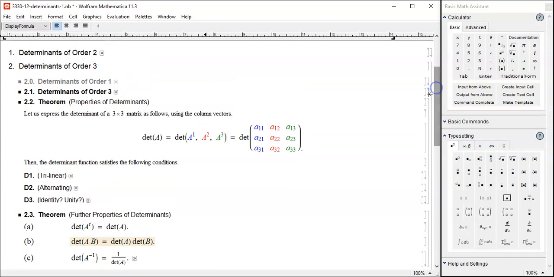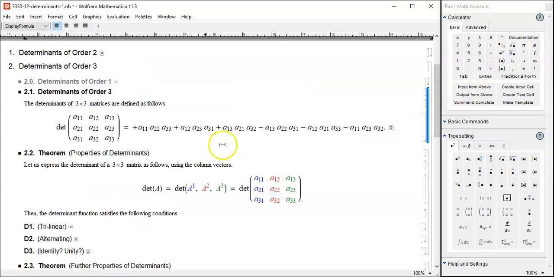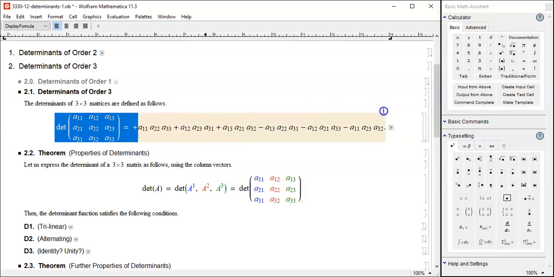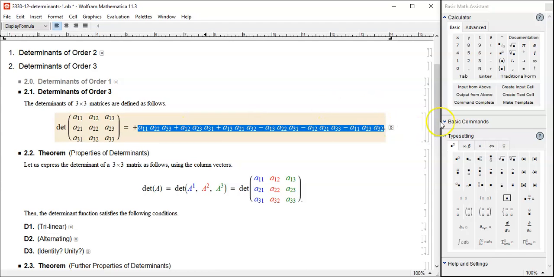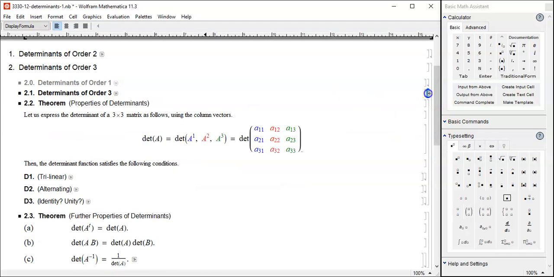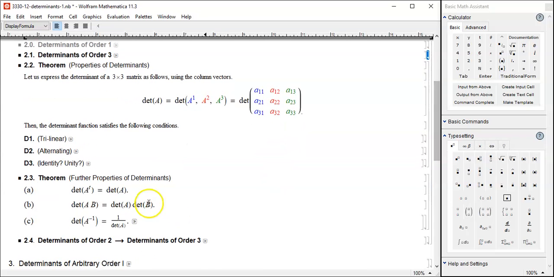Do this twice for another 3 by 3 matrix and multiply them and simplify, versus do the matrix multiplication and do this, and then check those and see if those are the same.